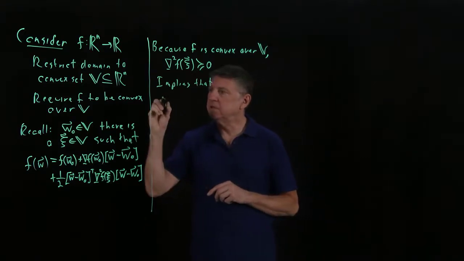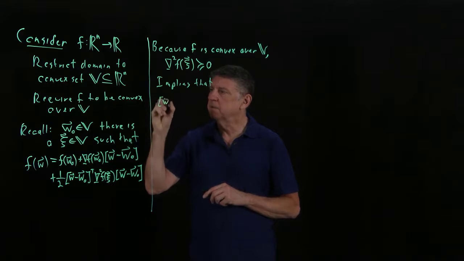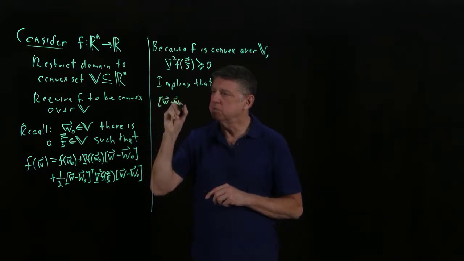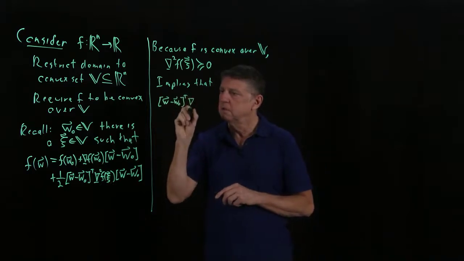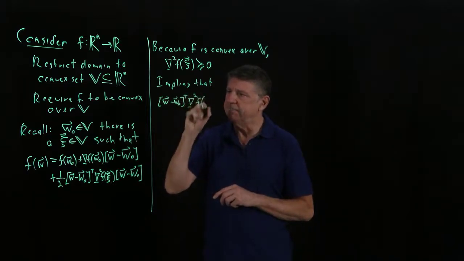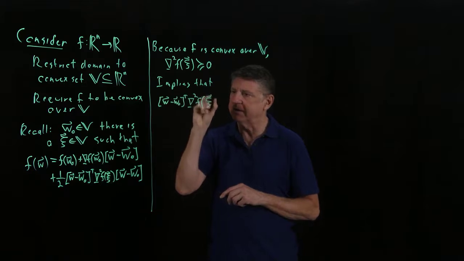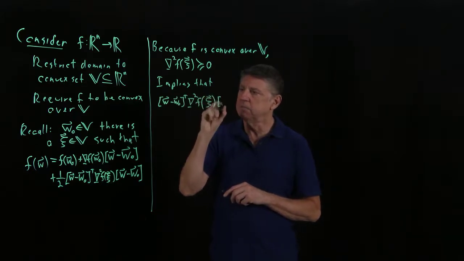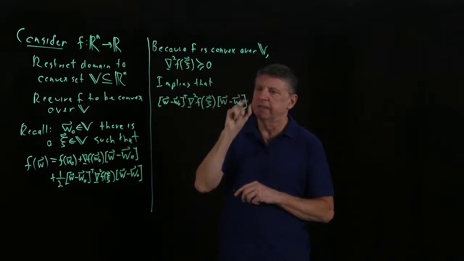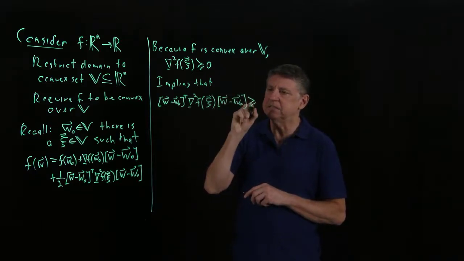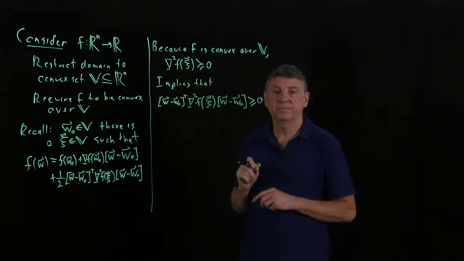So in particular, if I pump W minus W0 transpose times the Hessian matrix evaluated at that Lagrange vector times that difference, that is at least as big as 0.